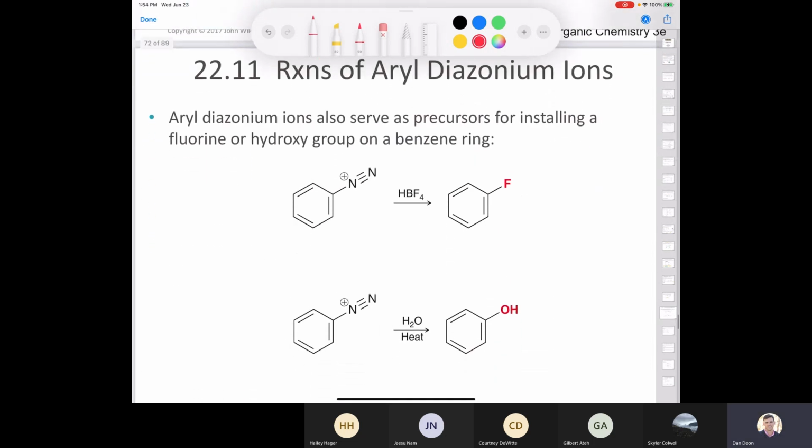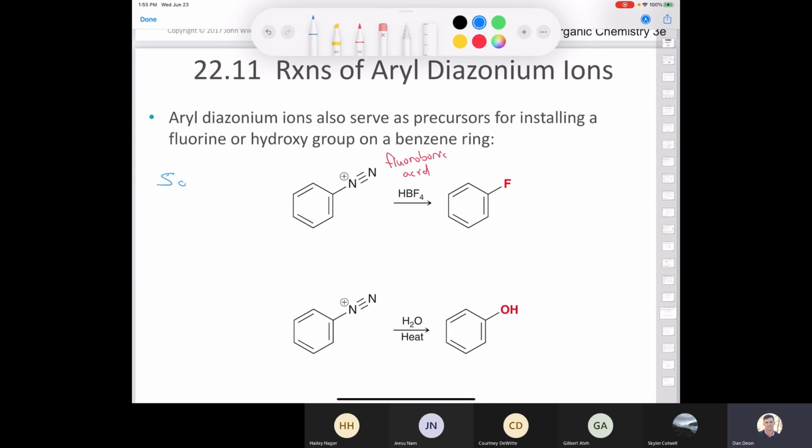All right, a couple more reactions, which are just kind of one-offs, so to speak, that just show up in the textbook towards the end. Is this one here. You can take the diazonium ion and you can treat it with fluoroboric acid. And this reaction actually has a name.